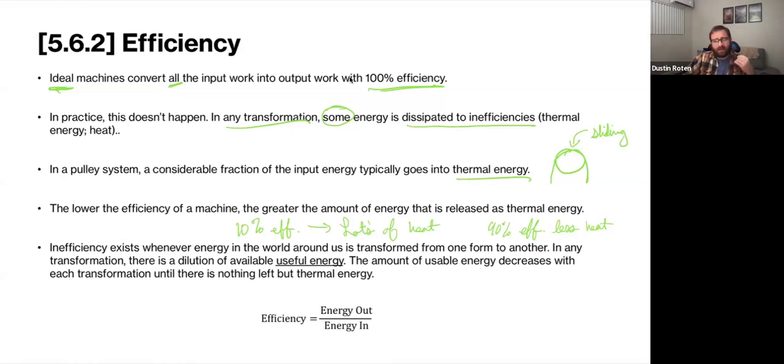Something to remember is that inefficiency exists everywhere in the world around us. You basically get some of this heat anytime you have an energy transformation going on, which is essentially all the time. In any transformation, there is essentially a dilution of available useful energy. So if you have all this energy and then you go through an energy process, you have a little less.